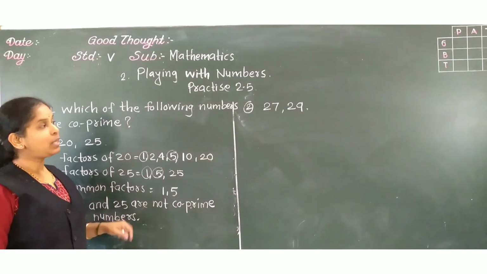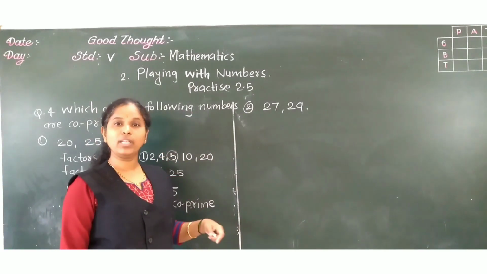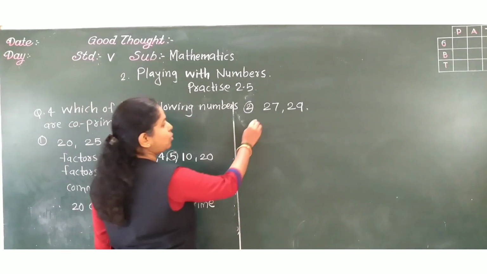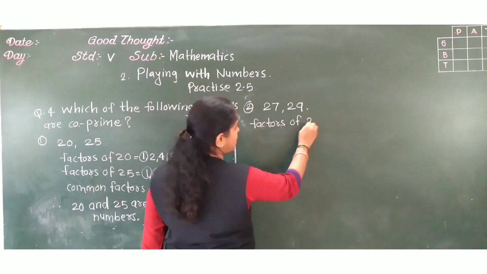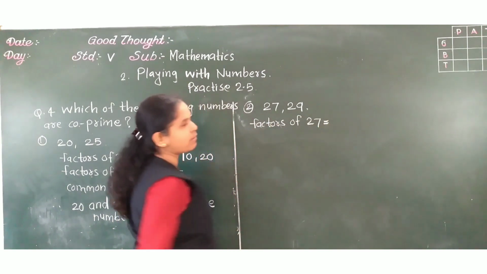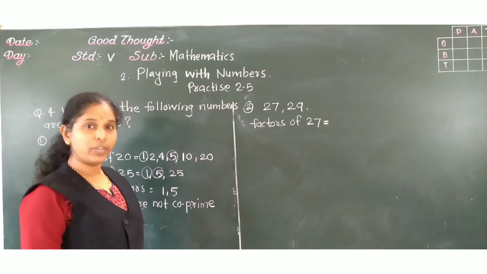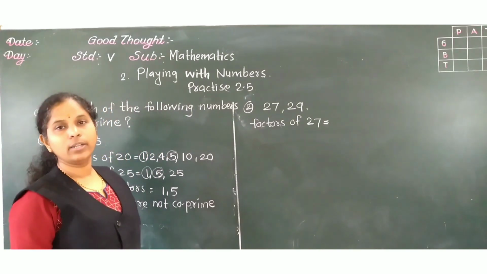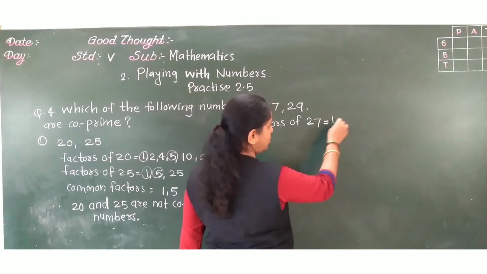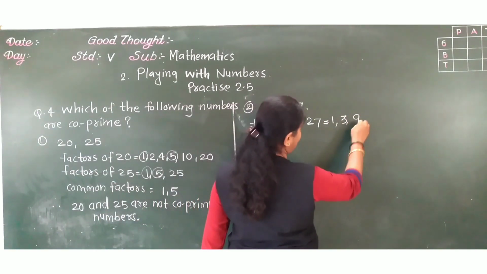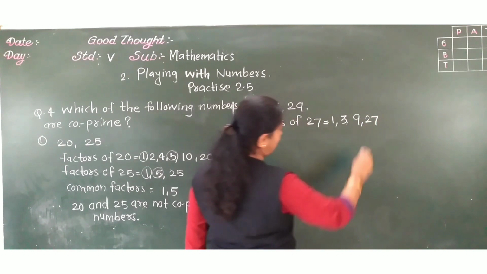Okay. Now next is the second one, 27 and 29. So what will we do? We will write factors of 27. Means 27 comes in which table? By which numbers can we divide 27? So 27 is divisible by 1, 3, 9 and the number itself.